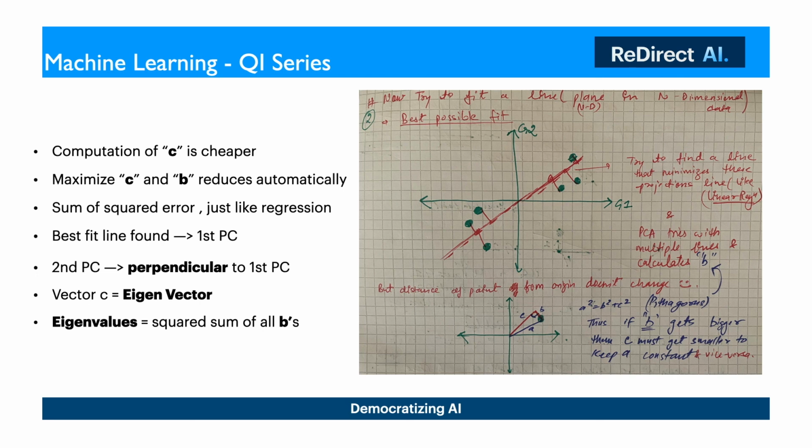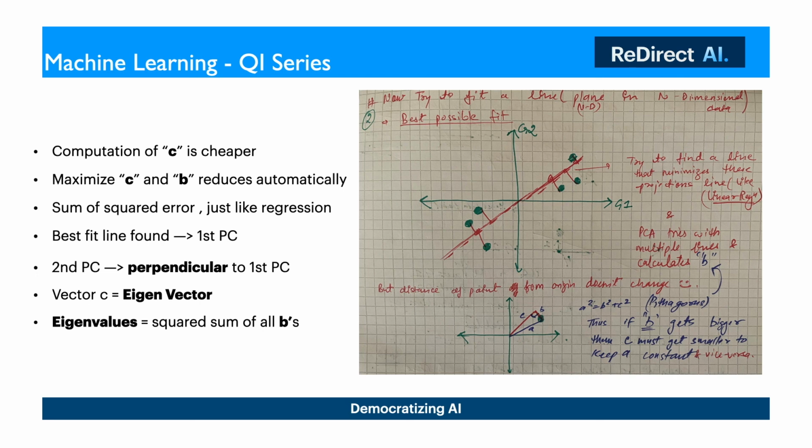SVD solver randomized implements a stochastic algorithm to find the first principal components, often in significantly less time. Since we are computing it, the cost of computation is very less, but it still takes a toll if you have a very high dimensional data space.